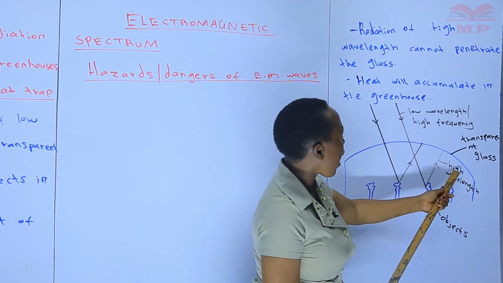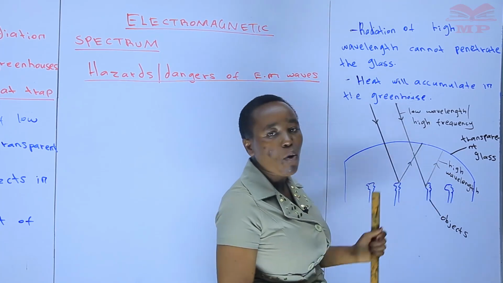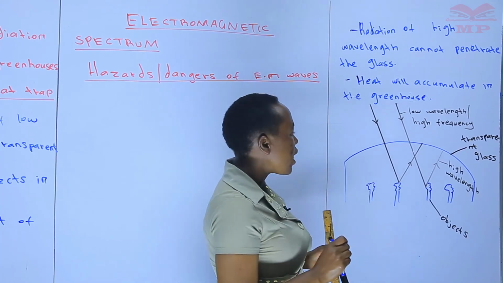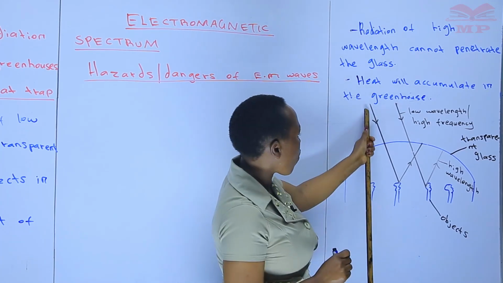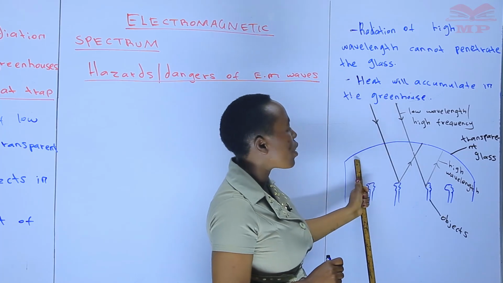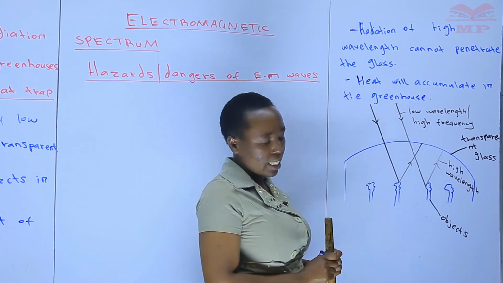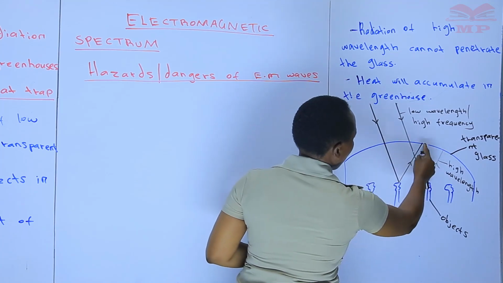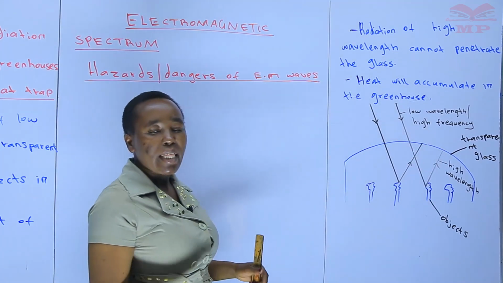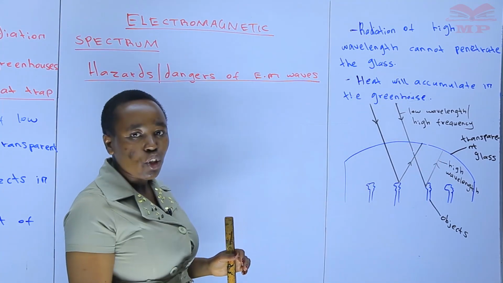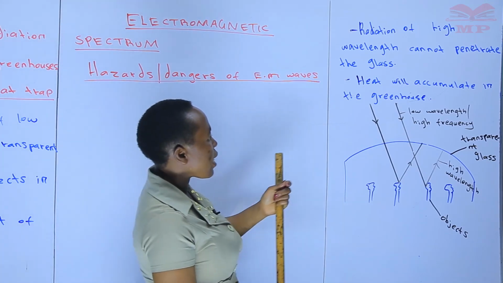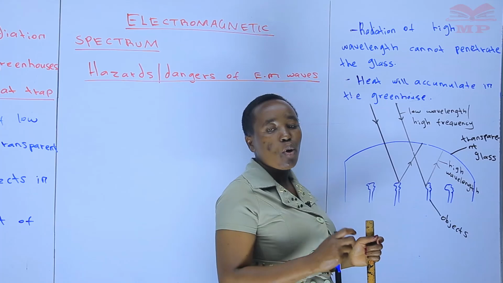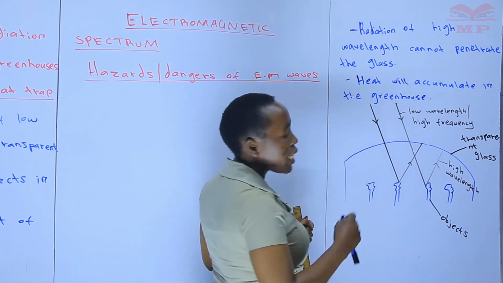Because when they have high wavelength, it means that they have low frequency, and therefore the energy that they possess is not as much as the ones that are incident on the transparent glass. And therefore, because these radiations cannot penetrate the glass, there will be accumulation of heat. And as a result, these objects which are here will receive a lot of warmth, or they will be heated.